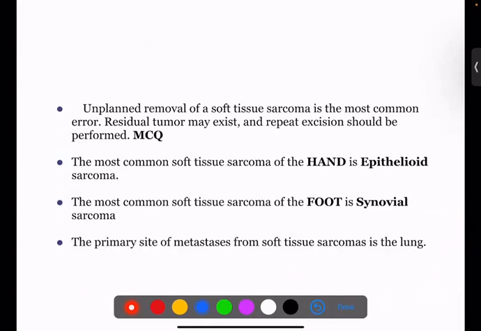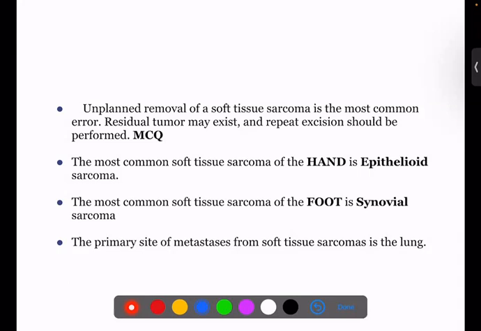طيب. Unplanned removal of soft tissue sarcomas is the most common error. Unplanned excisions are the most common presentation of referral for patients with soft tissue sarcomas from other departments, without saying names. The MCQ that usually comes is: after an unplanned excision, what would be the next step? The histopath came back as a soft tissue sarcoma.